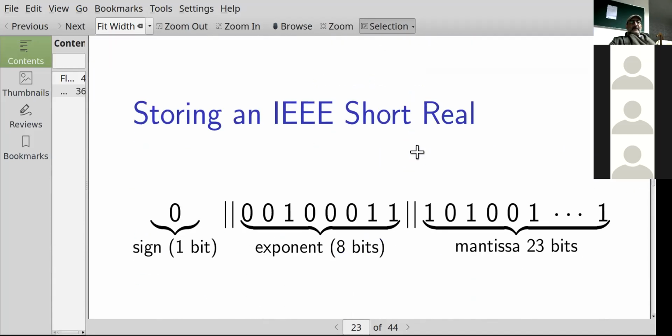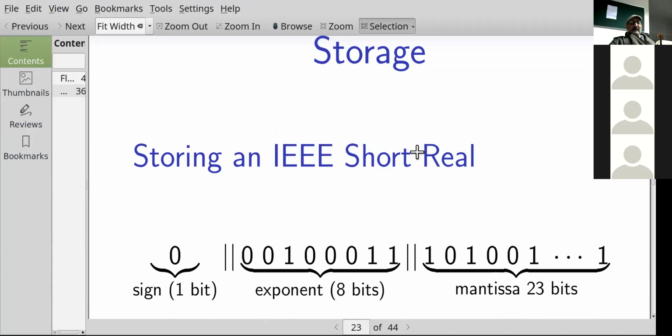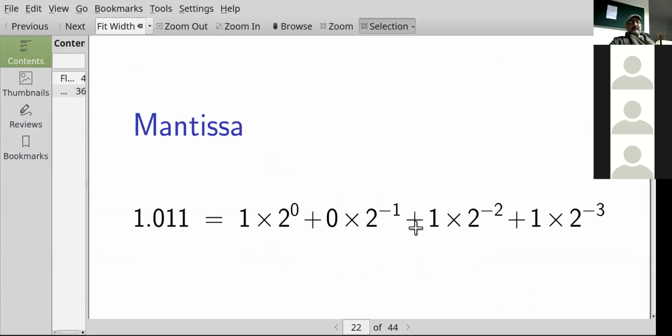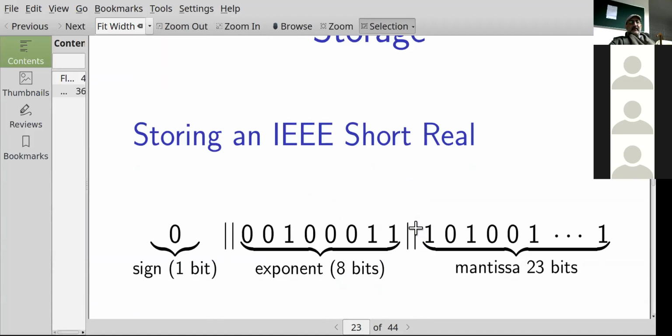Now, how do we store it? Well, there's a sign bit. Because it's a positive number, we store 0 in the sign bit. Now, there's an exponent. What was the exponent? The exponent was 5. Okay. So we allow up to 8 bits for the exponent.